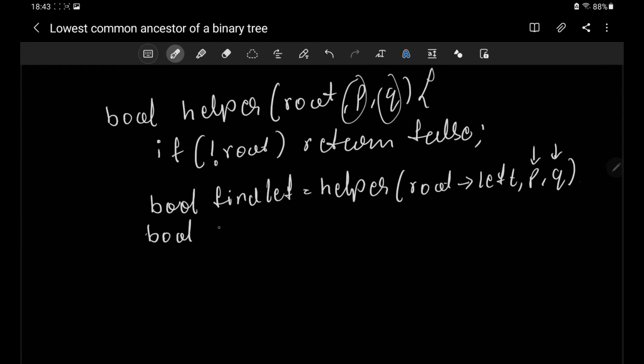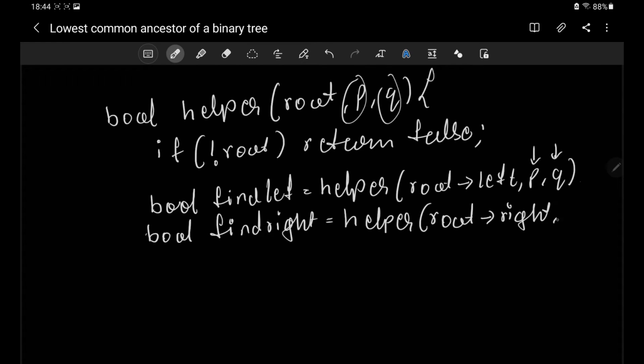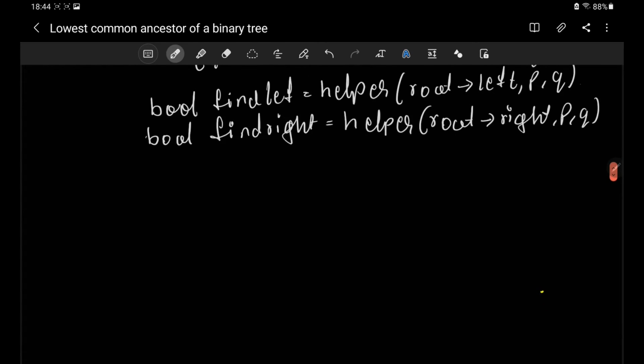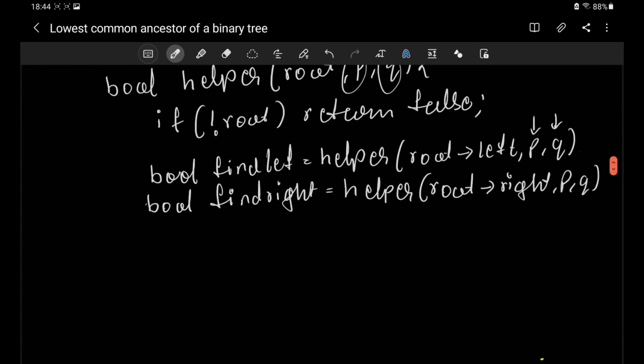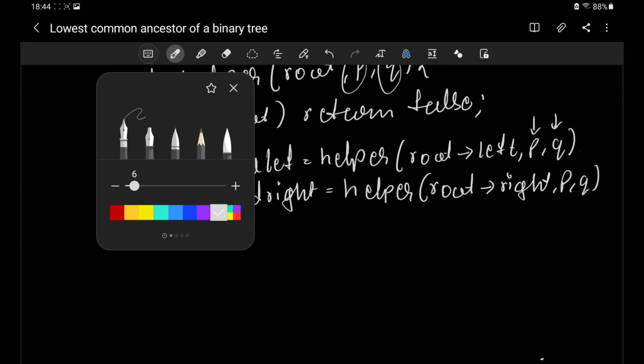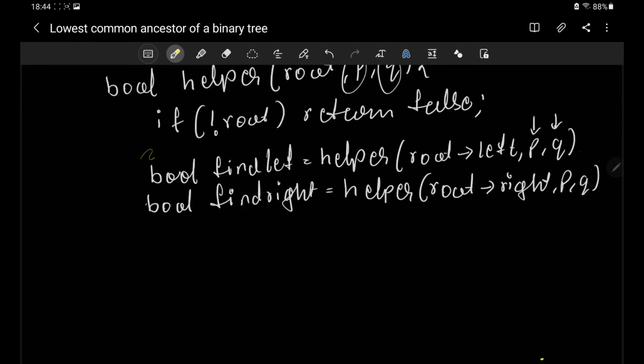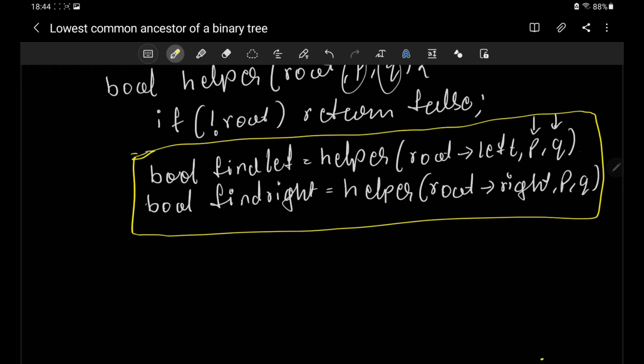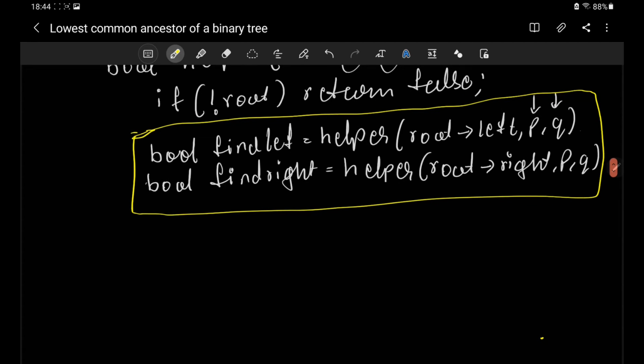Another one is bool find right, which will return whether it has found anything on its right subtree, and it will be a bool value, just true or false. Now don't think about these functions. These work like magic. Just imagine that you have the answer to these 2 recursive functions.